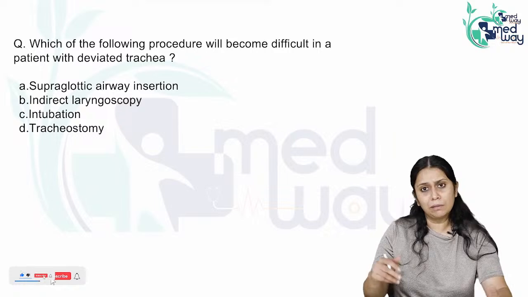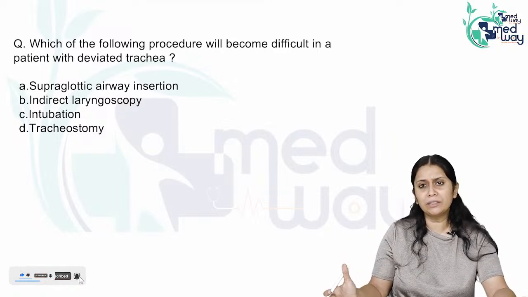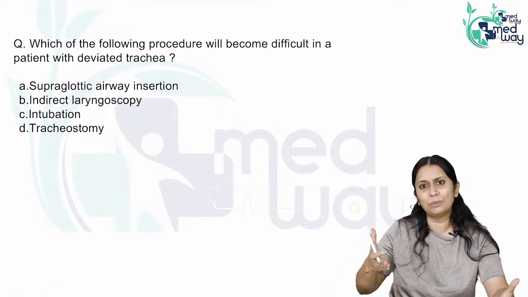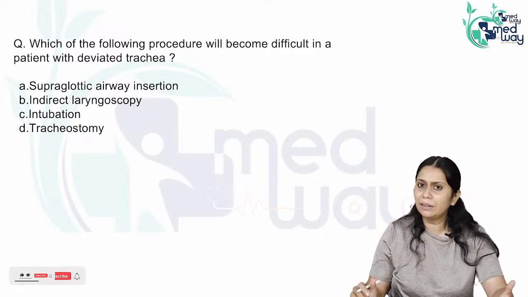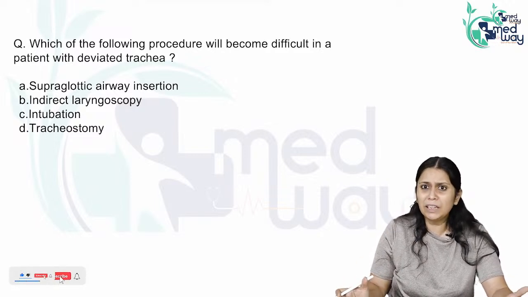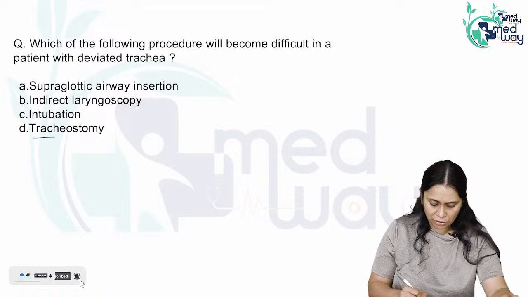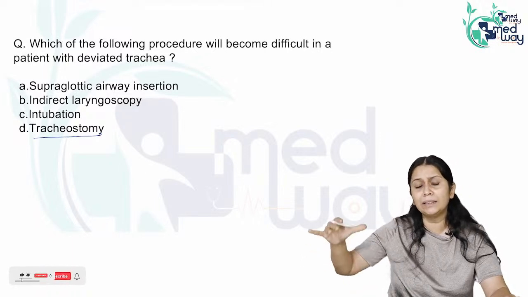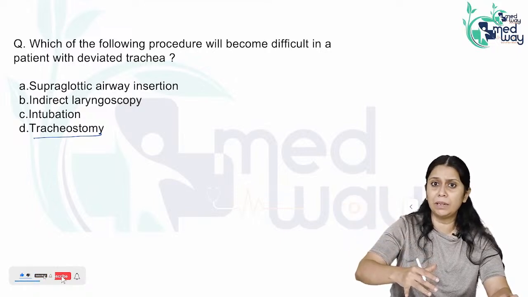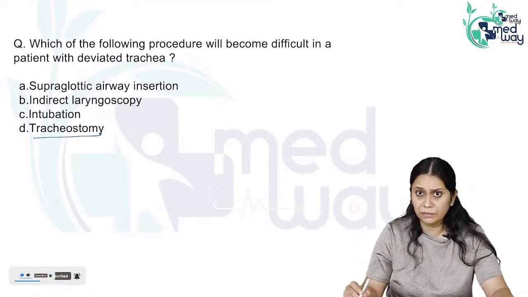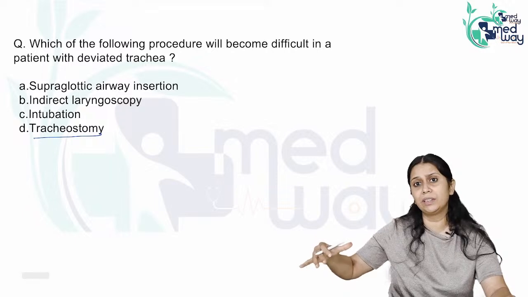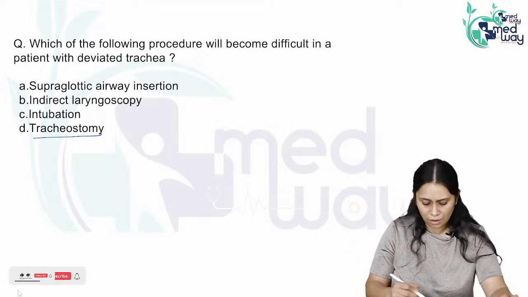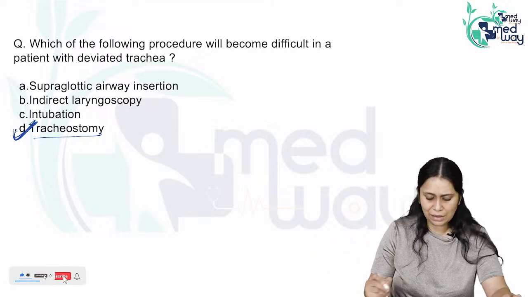Intubation, well, up to a moderately deviated trachea, if we are seeing the glottic opening, we can negotiate the tube through it, right? So maybe a little difficult, but not that difficult. But tracheostomy certainly will become difficult, because if the trachea is deviated from the midline, other vascular structures will come into the midline and make the tracheostomy really difficult. And in a grossly deviated trachea, tracheostomy is even more difficult. So I would go for tracheostomy as the answer.